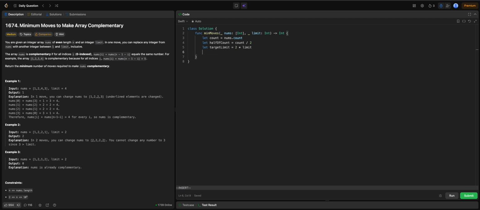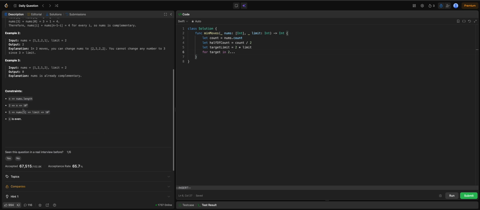And then what I'm going to do is iterate through the target, in our base case starting from 2. Why start from 2, not 1? Because the constraint already defines the 1 in here, so there is no chance for us to put in 1 as the target.